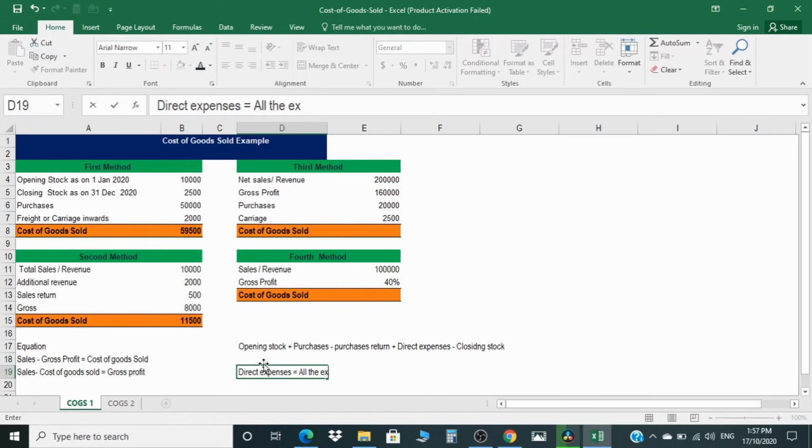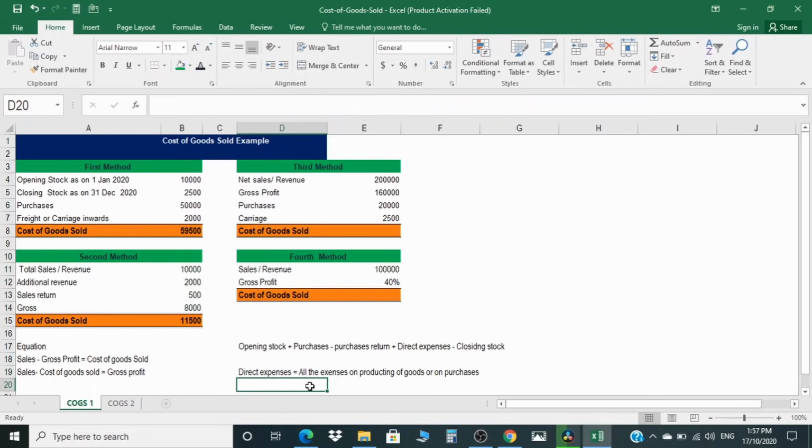All the expenses on production of goods or on purchases.